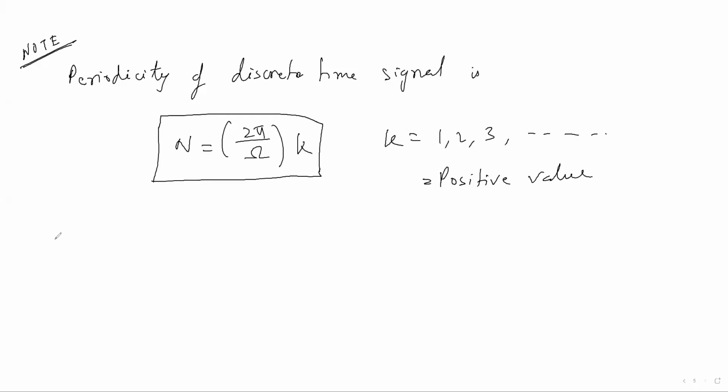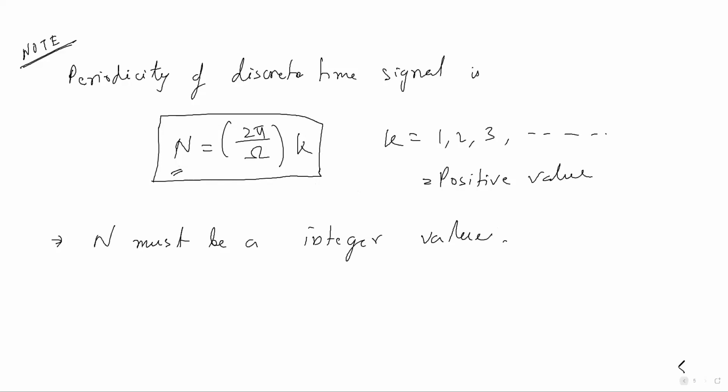And another condition is that the N must be an integer value. This is a compulsory condition. Here we cannot put only k equal to 1, and we cannot derive the fundamental period for a discrete time signal that way. We should put the k value in such a way that the N value becomes an integer value.